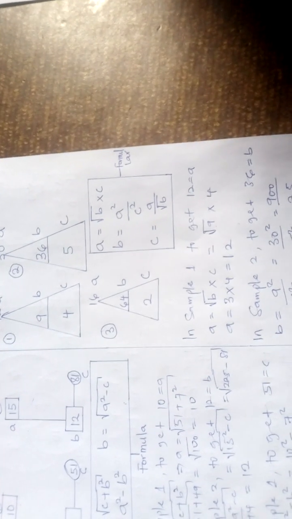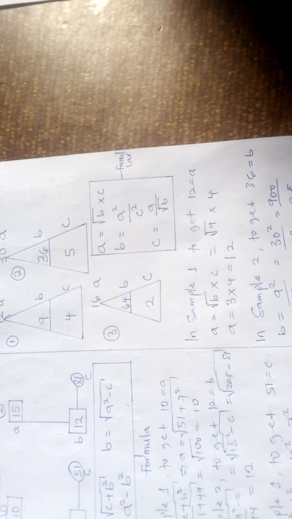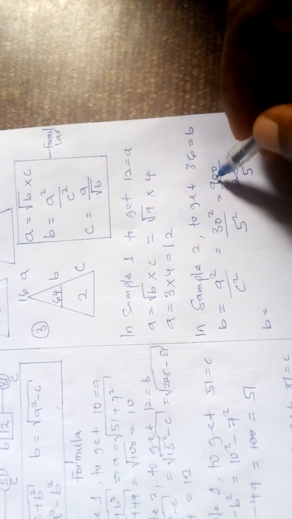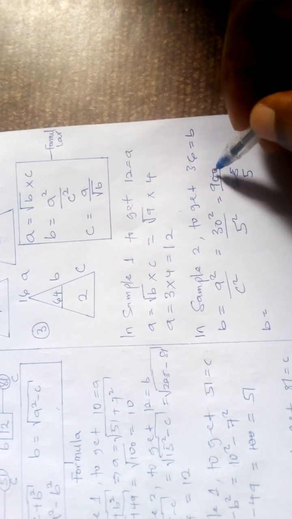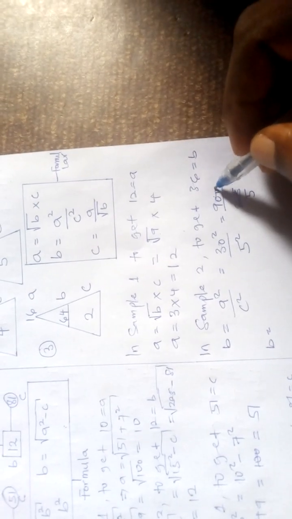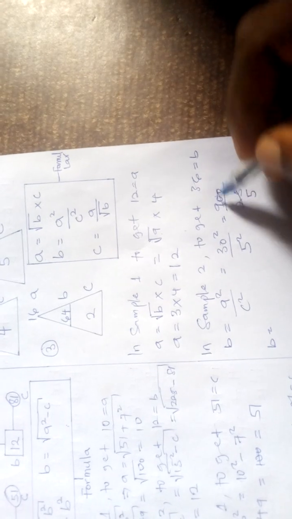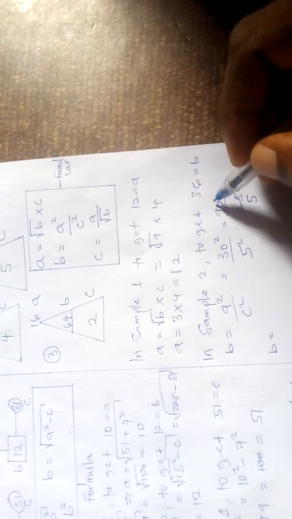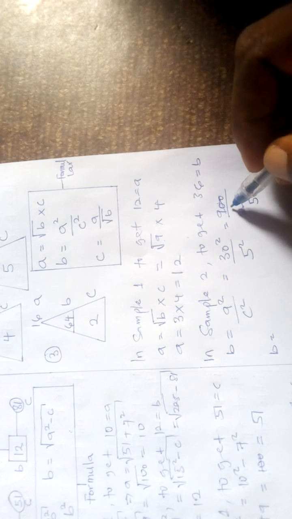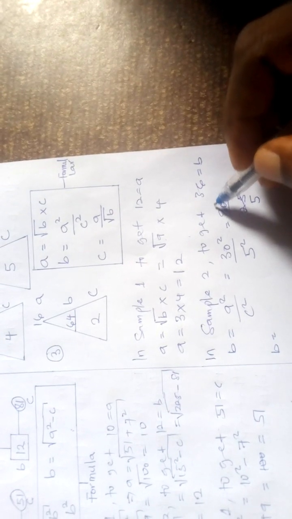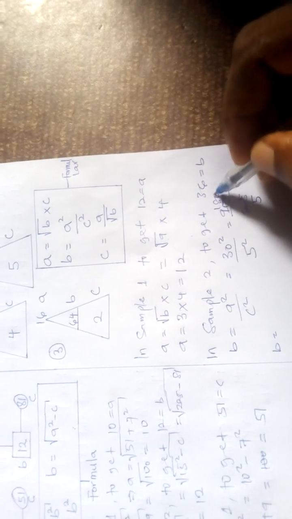Okay, so let's divide. That means we have 5 into 25, we have 5. And then we also have 5 into 900. We have 180.